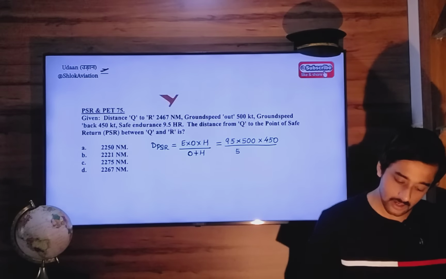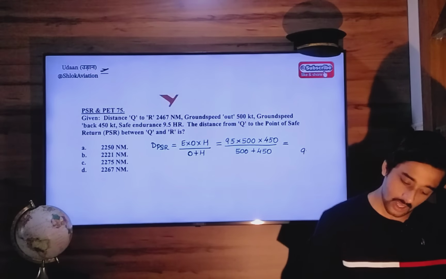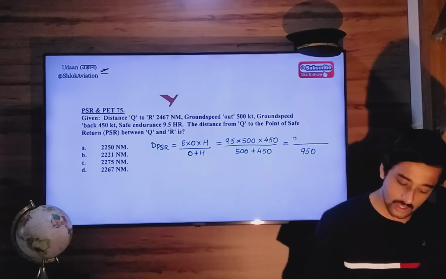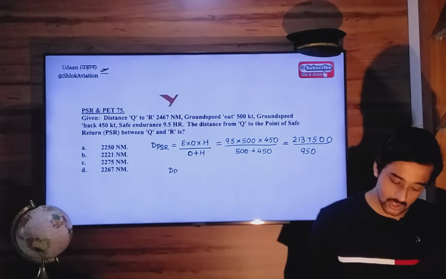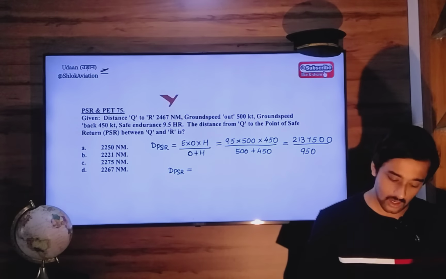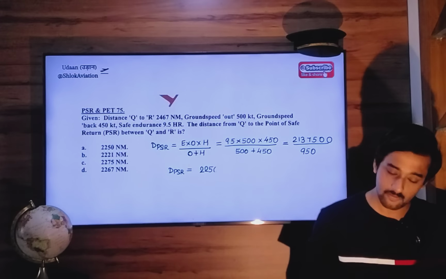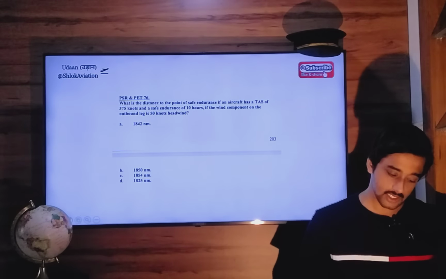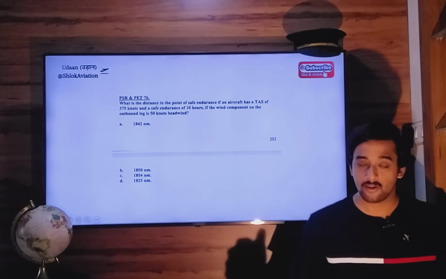Divided by 500 plus 450, so 950 in the denominator. In the numerator we have 9.5 into 500 into 450, 2137500. Distance to point of safe return is 2250. Option A.